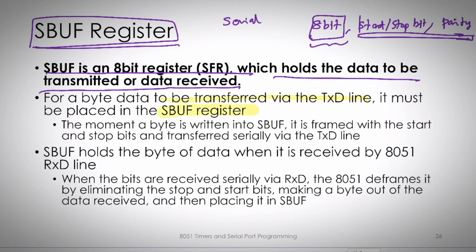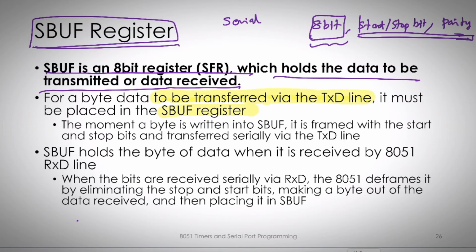Okay, that is the first thing. The moment you put any 8-bit data into the SBUF register and start the serial communication. How do we start the serial communication? It is basically starting the timer which is responsible for the serial communication. You know very well how to start a timer also, right?